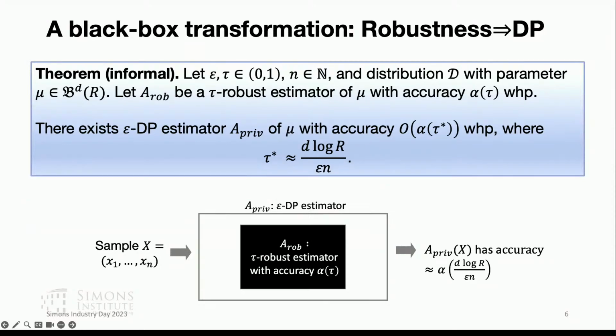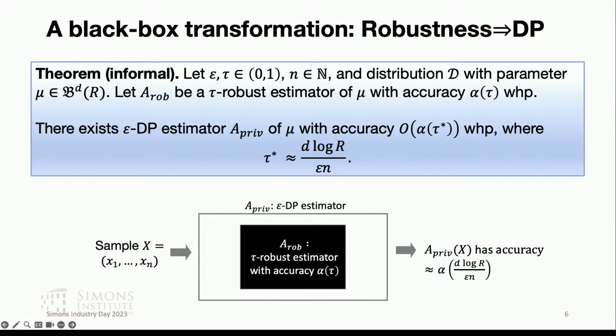is the accuracy of the robust estimator for a specific number of corruptions. You don't have to care about the specifics right now, but the number of corruptions depends on the size of the parameter space, the number of points, and the privacy loss. The good thing about this is that this is a general transformation. It works every time.